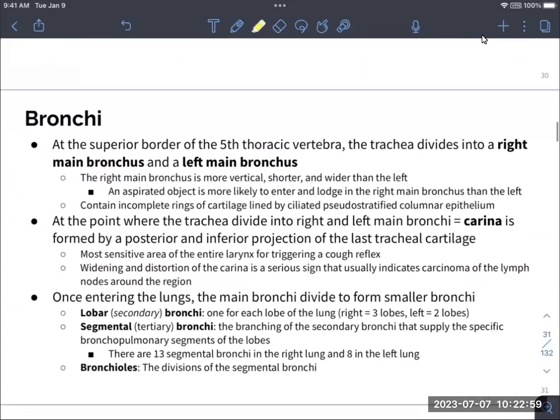So after the trachea comes down, it splits to the right and the left into what are known as bronchi. We have the right main bronchus and the left main bronchus.